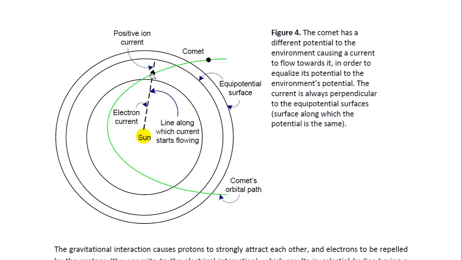And the meeting of these along the tail is what creates the comet's tail. They also meet around the comet itself. The comets are like asteroids, except they are moving in an elongated or elliptical orbit, and that forms the interaction.